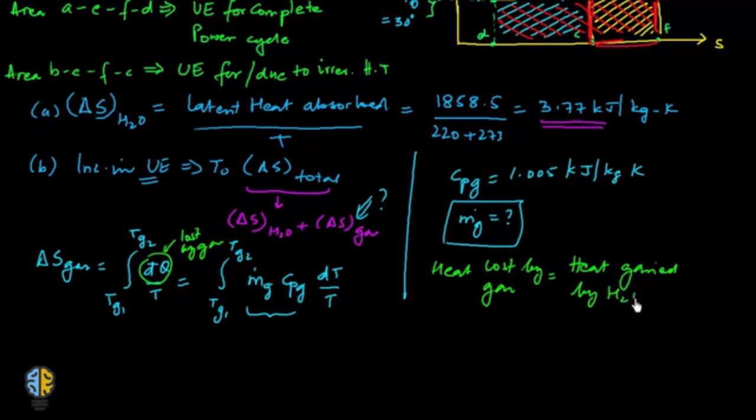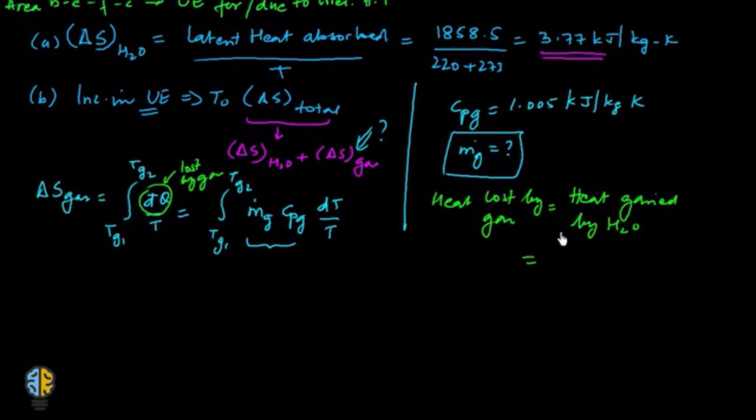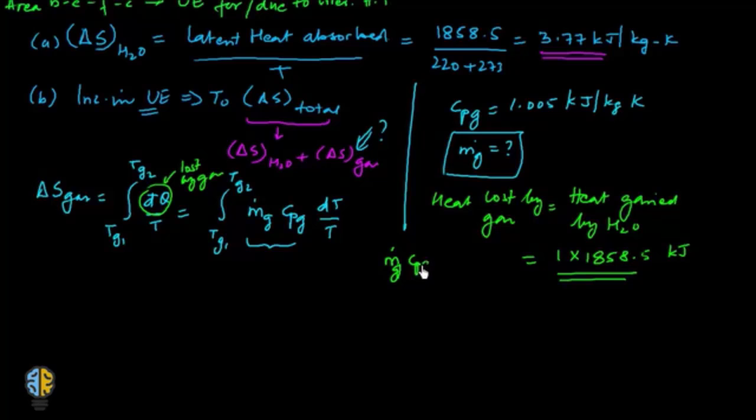Let us say 1 kg of water is absorbing the heat, so it becomes equal to 1 kg into 1858.5. This is the amount of heat gained by the water or lost by the gases. So this can be put equal to m_g dot into Cp_g, and the dT is 1100 minus 550.